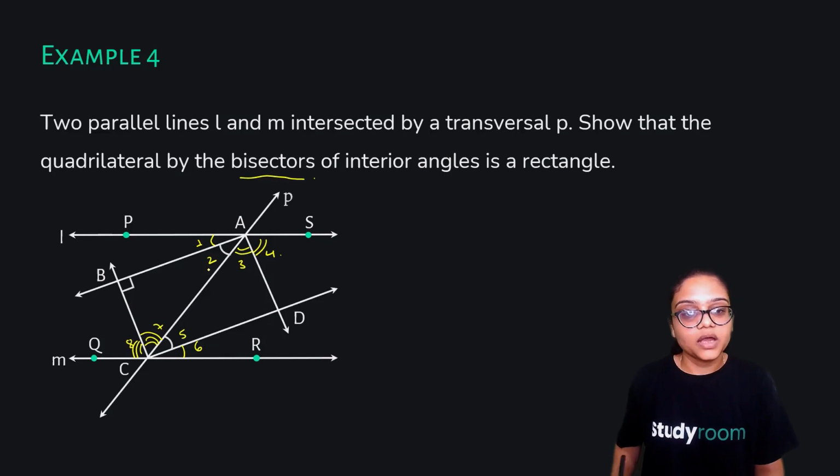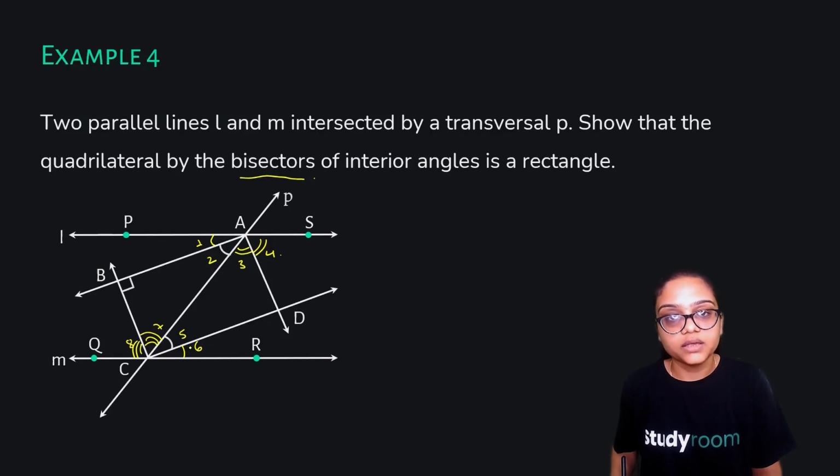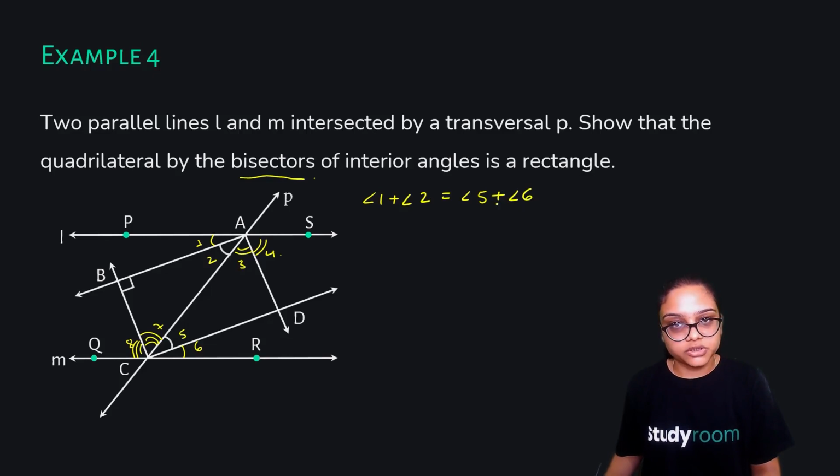Now, just tell me, L is parallel to M and P is a transversal, so this whole angle would be equal to this whole angle. Why? Because of the alternate interior angles of parallel lines. Now, we know that they are equal to each other too, so we can state that angle 2 is equal to angle 5. Correct?